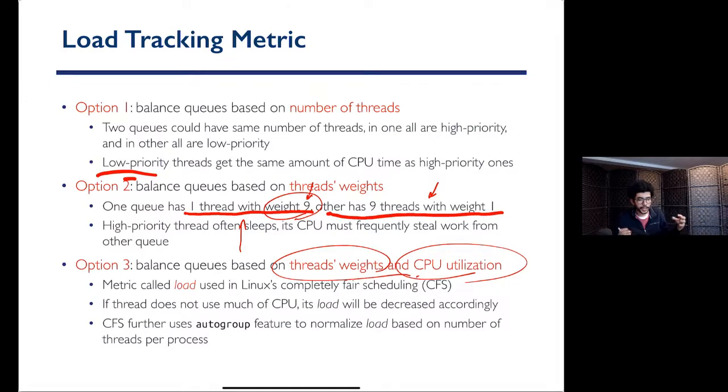So the load metric in Linux considers the number of threads, their priority, and how much CPU time each one needs, and uses all 3 variables to calculate the load metric.